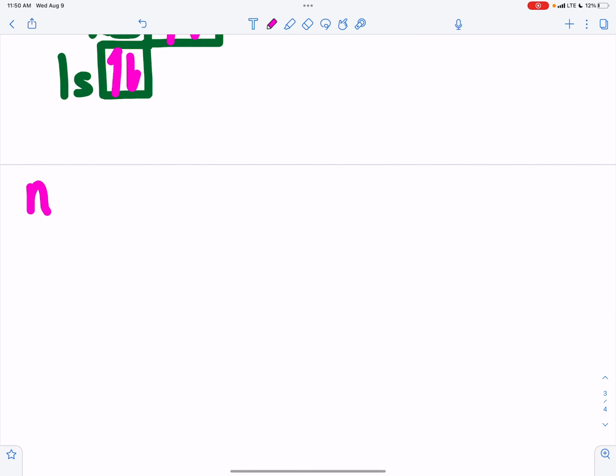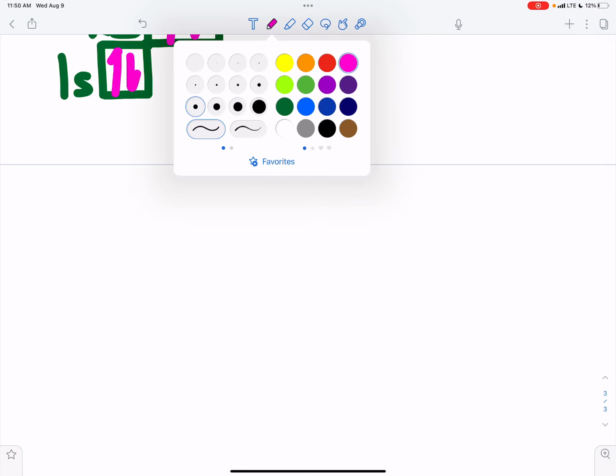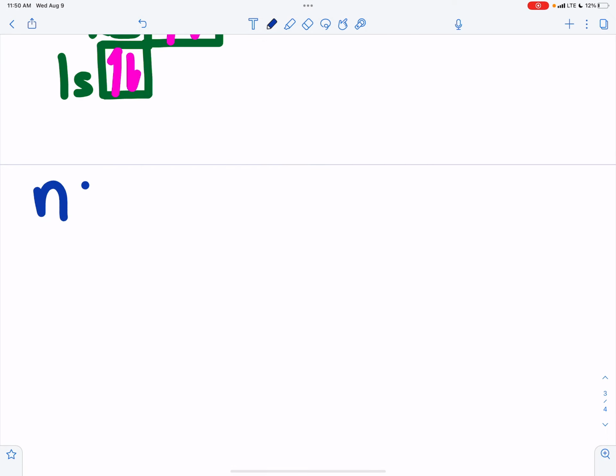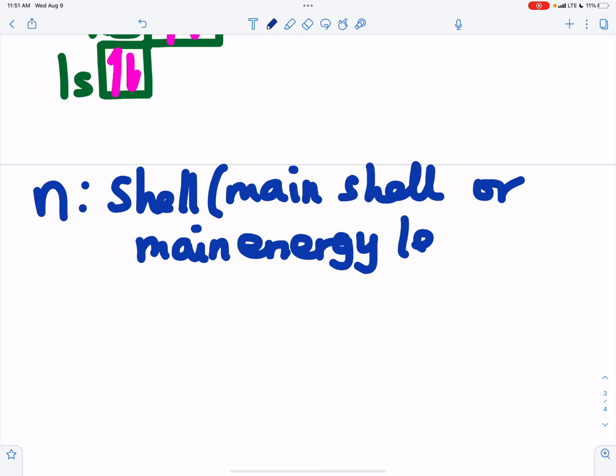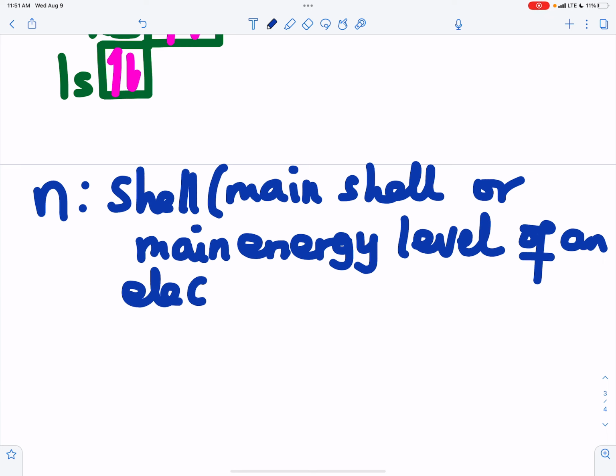Now, n, the first quantum number, tells us the shell, or main shell, or main energy level, of an electron.